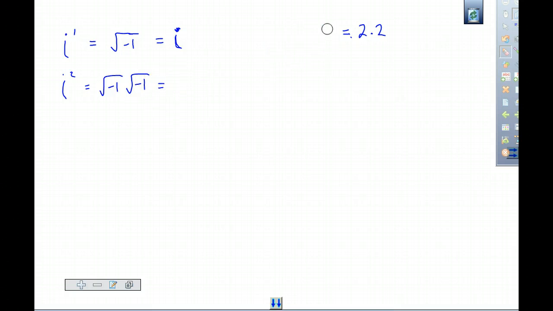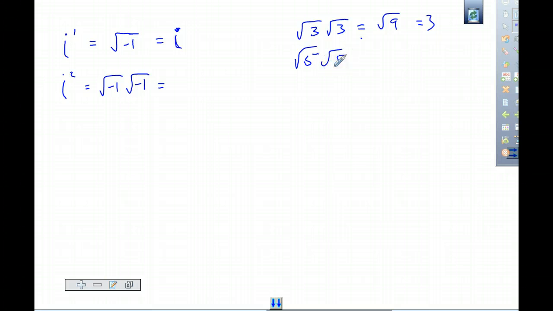Now, using some more Algebra 1, if you have root 3 times root 3, what does that equal? 3, right? Because root 3 times root 3 is root 9. Same thing here, root 5 times root 5 equals 5, because root 25 is 5.